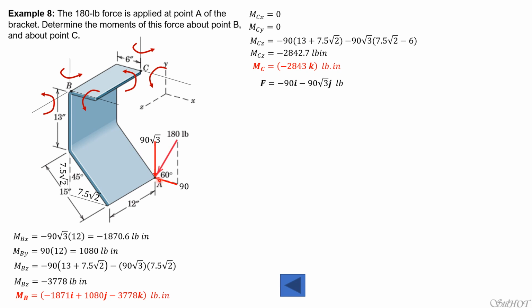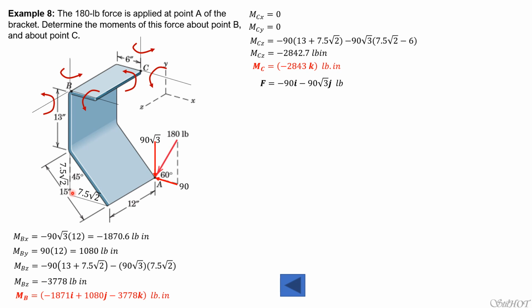So there's only one point on the line of action of the force, which is point A. So we define the position vector RBA. So if we describe RBA in vector form, to reach point A, we have to go down by 13 plus 7.5 square root of 2.